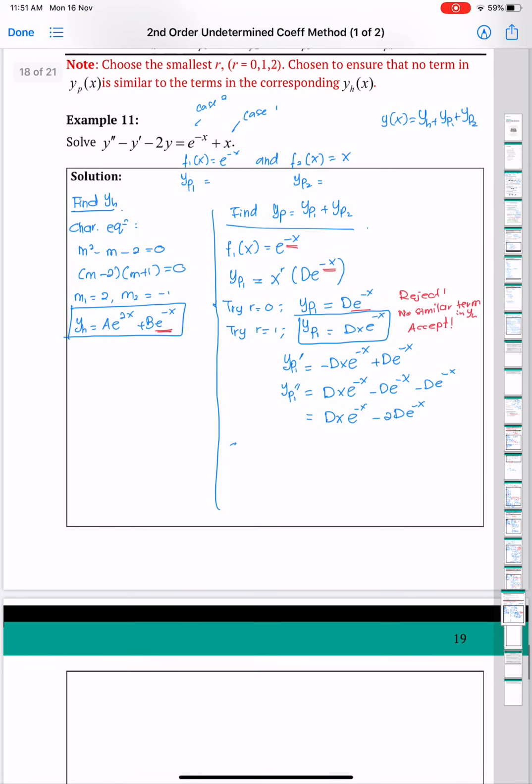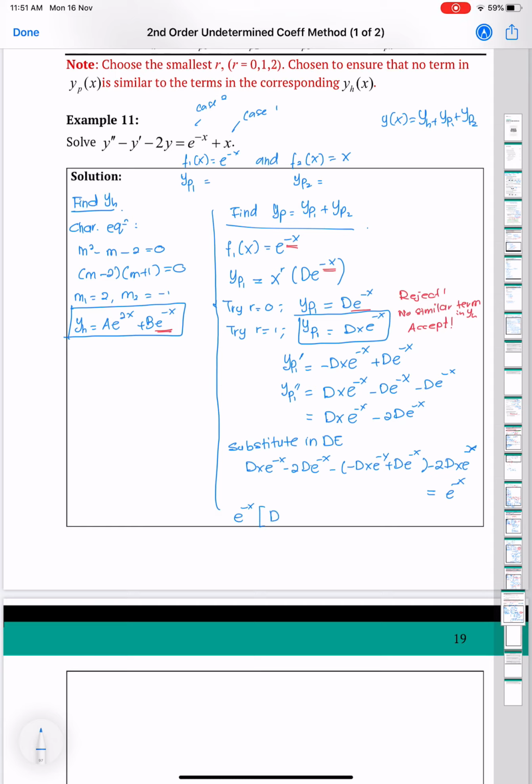So I substitute in the differential equation. I will have y double prime, which is dx exponent negative x minus 2d exponent negative x, minus y prime. So y prime is negative dx exponent negative x plus d exponent negative x, minus 2y, 2dx exponent negative x, and everything is equal to exponent negative x. So I can factor out exponent negative x.